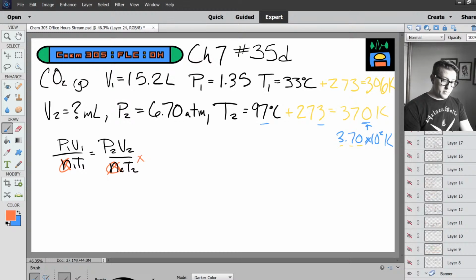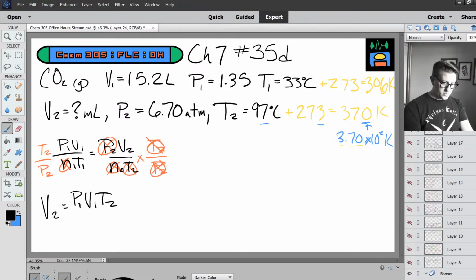So we need to multiply both sides by T2 over P2. So we get our final volume is equal to P1V1T2 over T1P2.